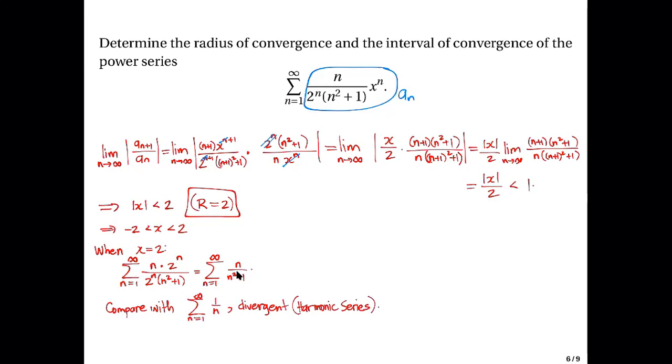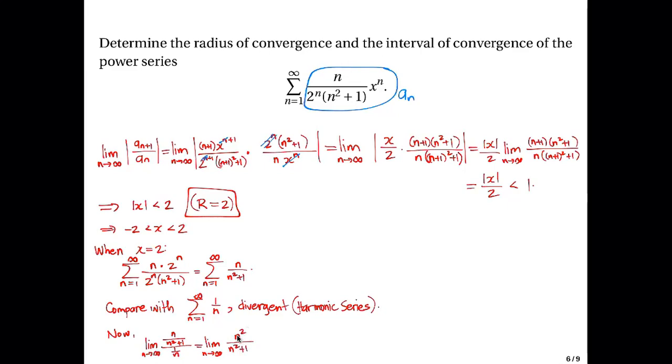And now, you get the limit. Limit of n over n squared plus 1 divided by 1 over n as n goes to plus infinity. But this guy here is just the limit as n goes to plus infinity of n squared over n squared plus 1. And we've been doing this since the beginning.